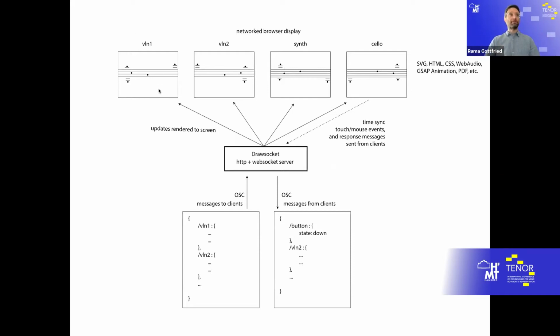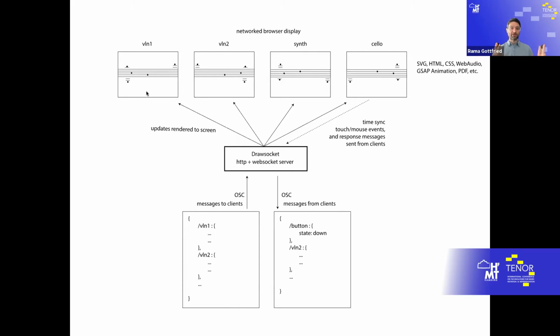The client side scripts are essentially a wrapper around basic web browser technology: SVG, HTML, CSS, JavaScript, of course, and also WebAudio. There are so many libraries and plugins for browsers that we can take advantage of a lot of that.